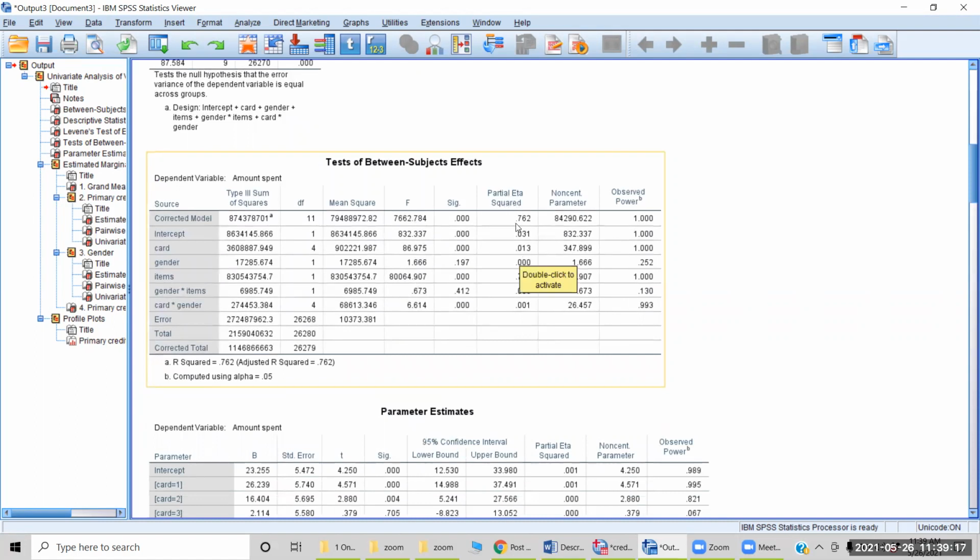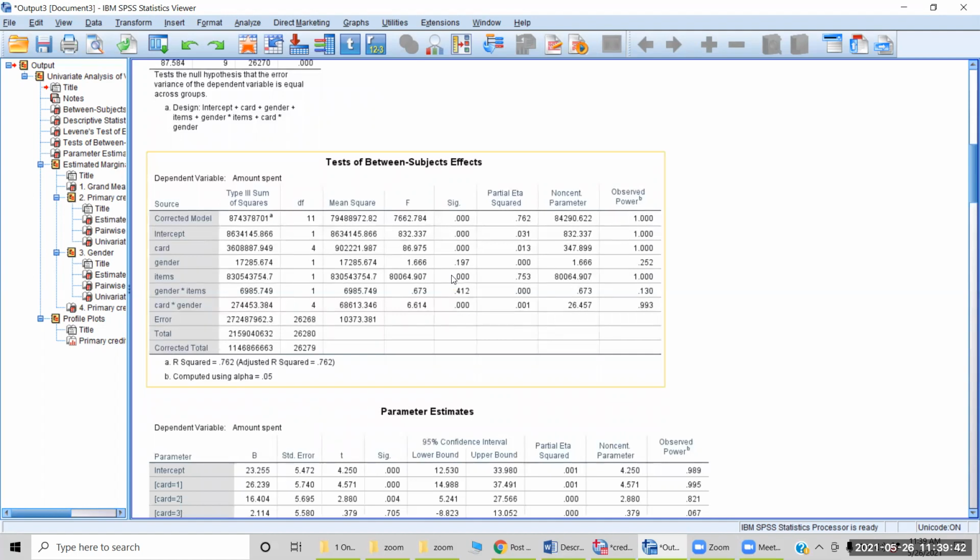And the other things, for example, the size of effect, which is measured from partial eta square. So which one is the highest? The guideline of Cohen. According to Cohen's criteria, 1% is the small size, 6% is the medium size, and 14% or above is the bigger size. So it means the number of items have significant impact on aggregate expenditure.